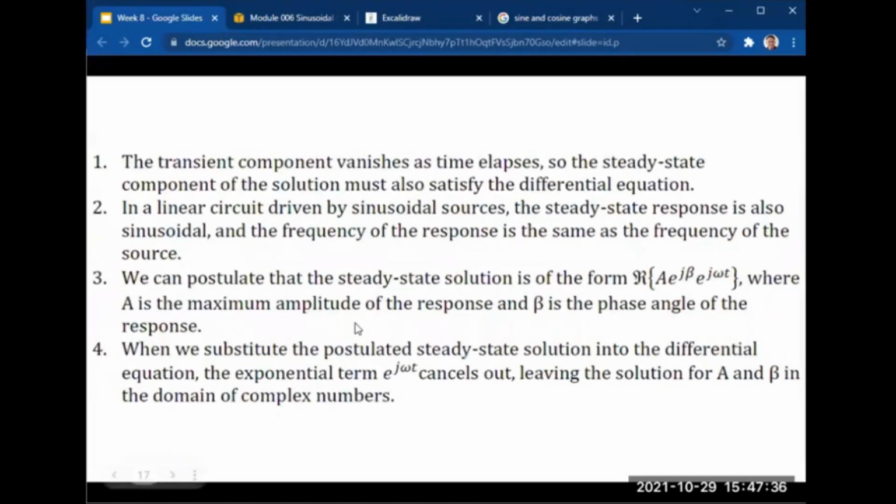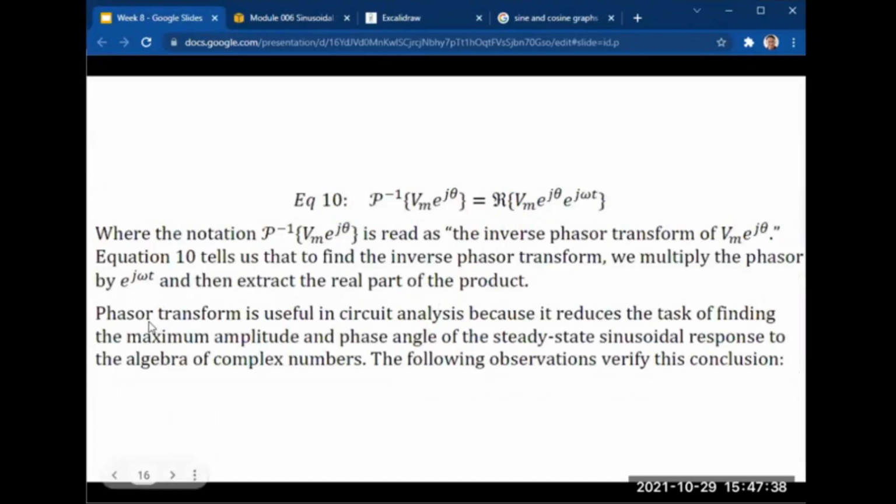So the Phasor transform is useful in circuit analysis because it reduces the task of finding the maximum amplitude and phase angle of the steady state sinusoidal response to the algebra of complex numbers. So the following observations verify this conclusion.